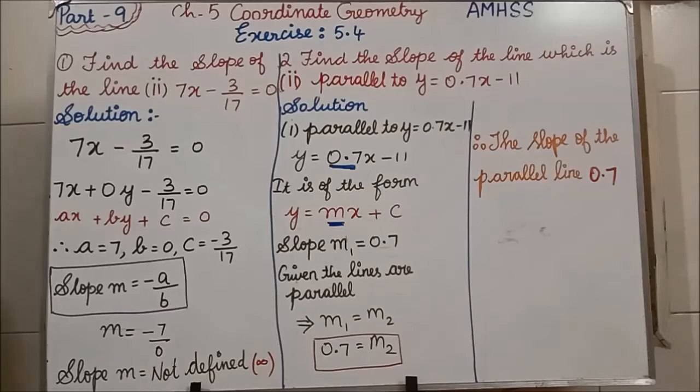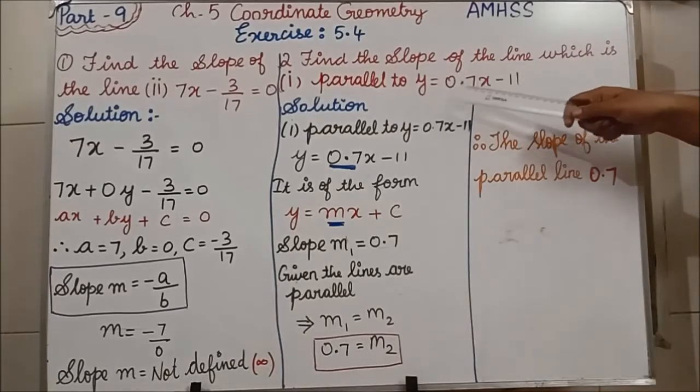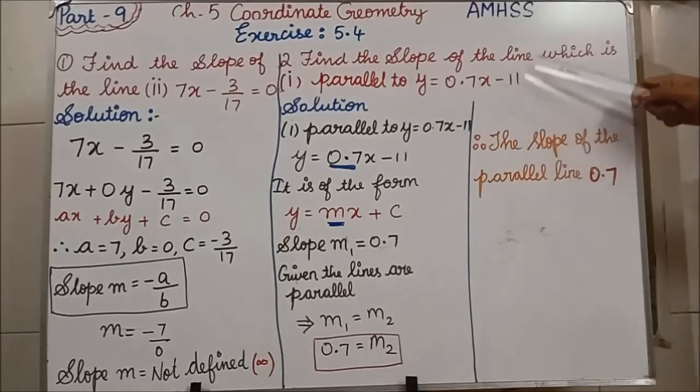Find the slope of the line which is parallel to y equal to 0.7x minus 11. That is our question. What are they asking? Find the slope of the line when it is parallel to y equal to 0.7x minus 11.